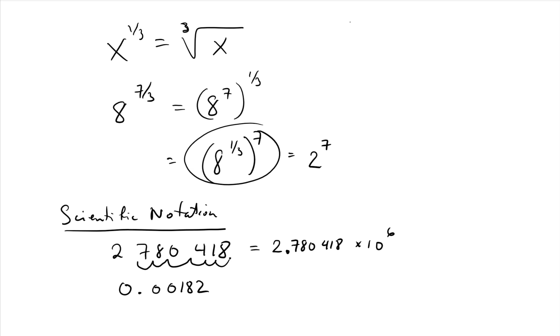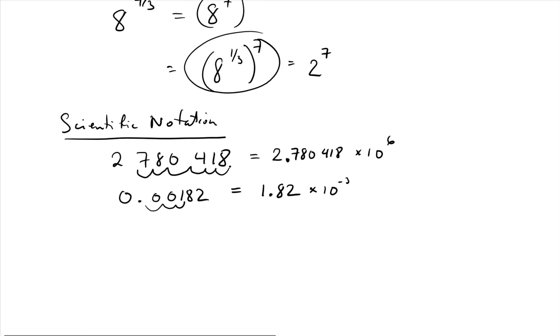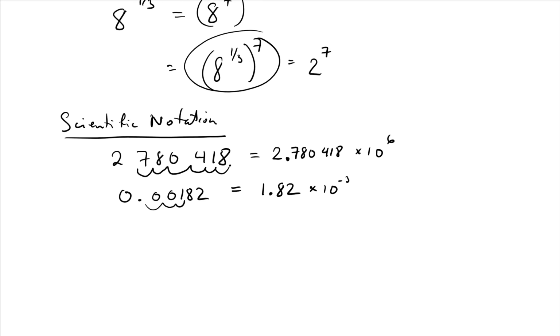What we want to do here is move the period 1, 2, 3 steps like this. So we're going to get 1.82, and here we've multiplied by 10 to the 3. So to make things equal, we need to multiply by 10 to the minus 3 too. Okay, so that's 1.82 times 10 to the minus 3.